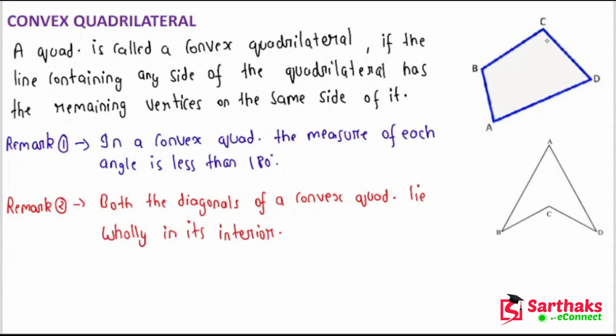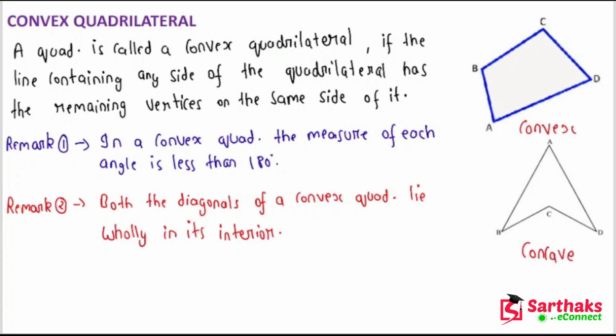If you join AC, then it is inside the quadrilateral. BD is also inside. Okay, this remark can be restated as: if you join any 2 points in the interior of a quadrilateral, the segment should be completely inside. Again, AC was the 2 points. When we joined them, it was inside, but when we tried to join BD, then our diagonal was outside the quadrilateral, and that is why this is a convex quadrilateral and this is a concave quadrilateral, right?